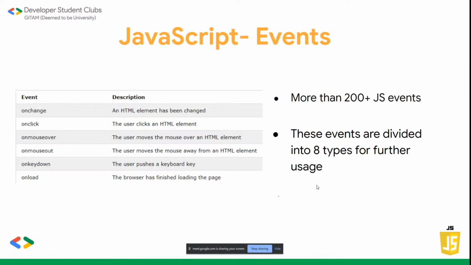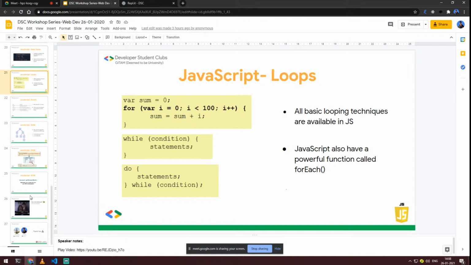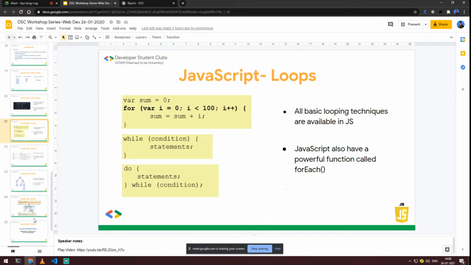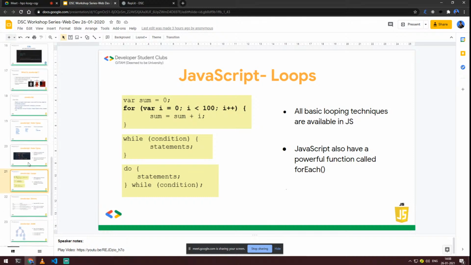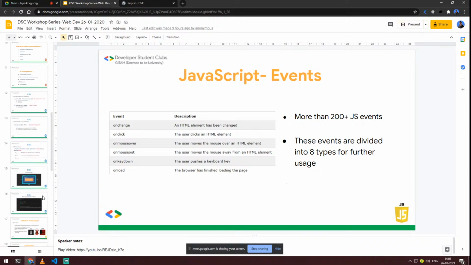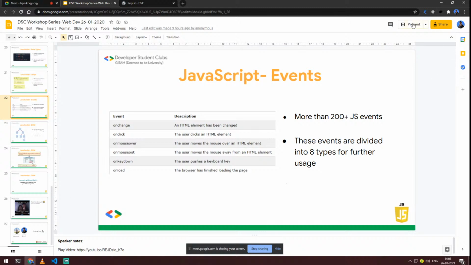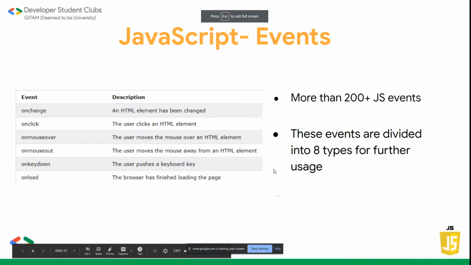So JavaScript is mostly event based. There are more than 200 JavaScript events. So what is a JavaScript event?